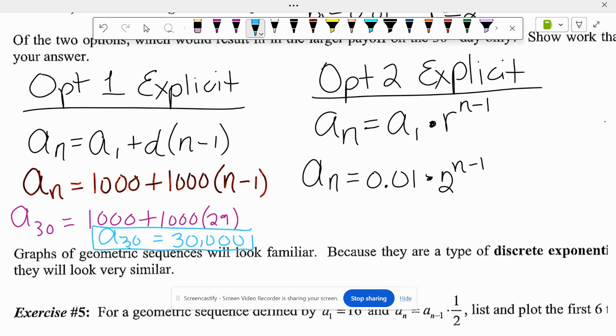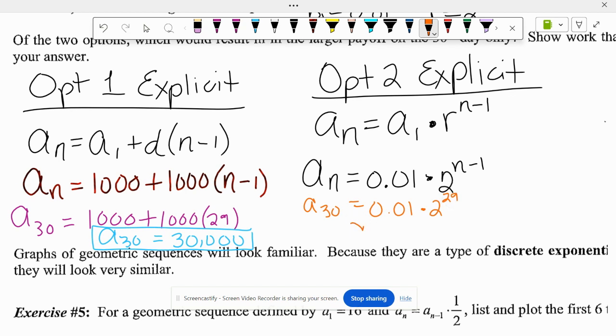That's a good payout for one day of work, right? Okay, let's look at the second option. Let's see, A of 30 equals 0.01 times 2 to the, what power am I taking that to? The 29th. Oh my gosh.